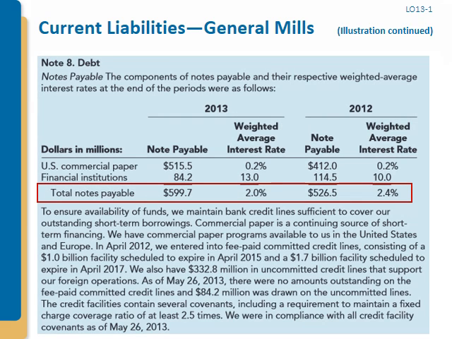Amounts reported on the face of the balance sheet seldom are sufficient to adequately describe current liabilities. Additional descriptions are shown in the illustration provided in disclosure notes. For example, here is General Mills' further explanation of the $599.7 million notes payable.